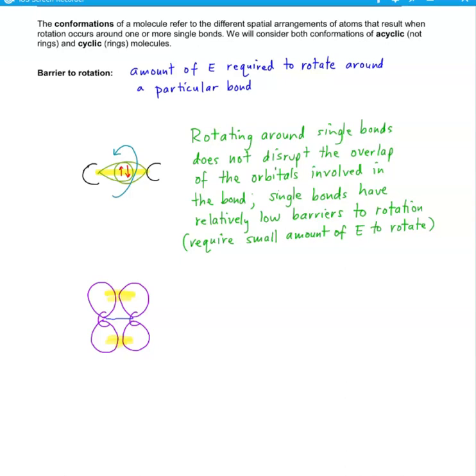If you tried rotating around that bond, the side-to-side overlap of the p orbitals would be disrupted. So rotation, I'm going to put it in quotation marks because it really can't happen, around a pi bond would destroy the overlap of the two participating p orbitals and therefore would break the bond.